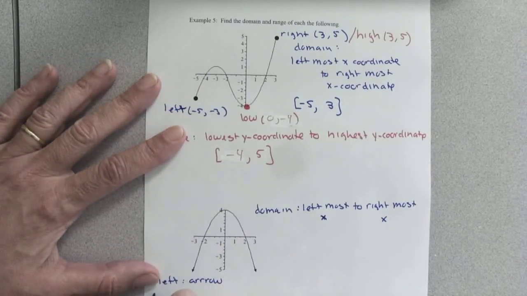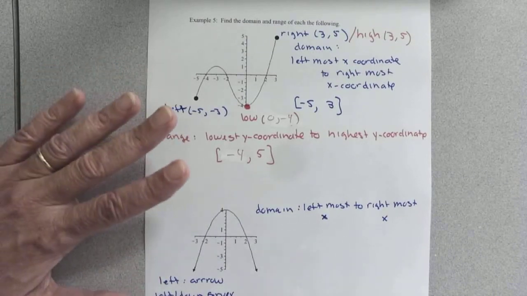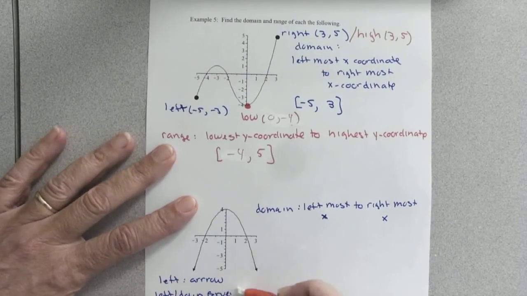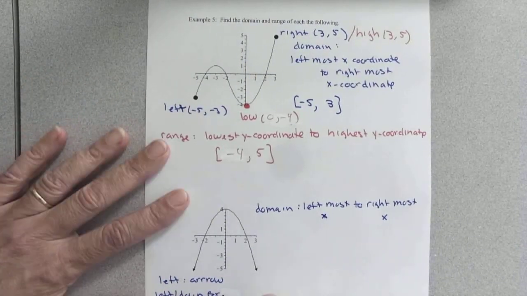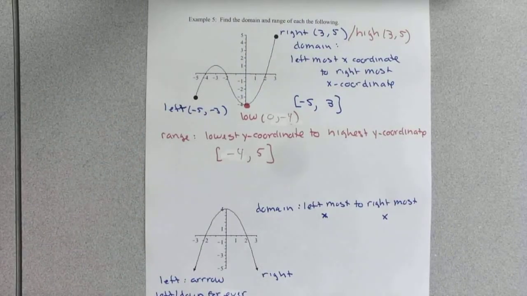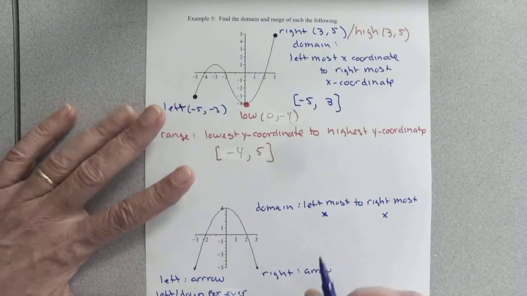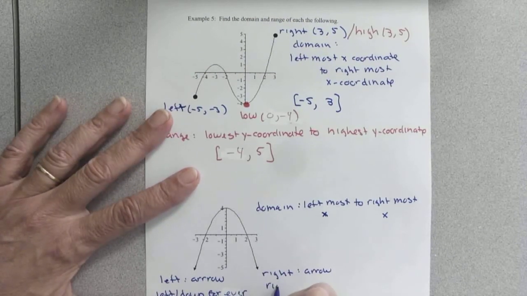And that arrow is going left and down forever. And on the right, we got the same sort of situation there. I got an arrow, and it's going right and down forever.